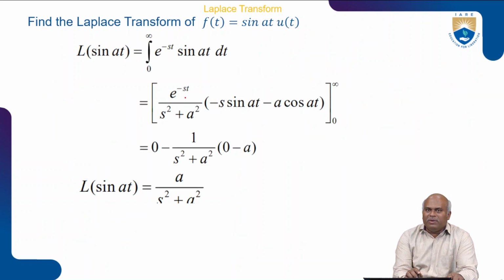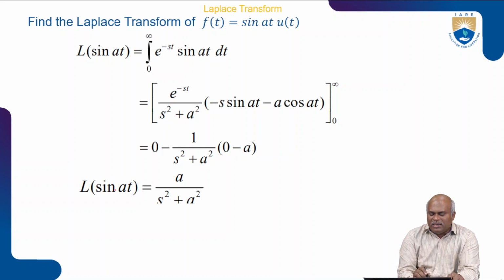So that is equal to e power minus st divided by s square plus a square, times minus s sin at minus a cos at, with limits 0 to infinity. We substitute.